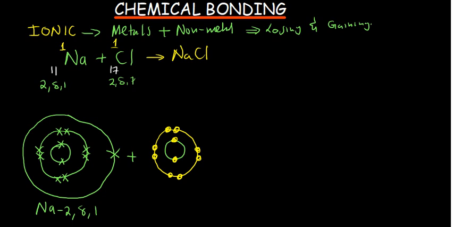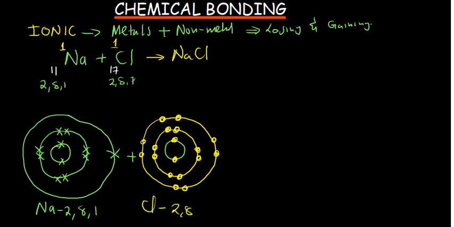And then we're remaining with 1. And chlorine has got 7. Okay, and this is chlorine. It's going to be 2, 8, 7.